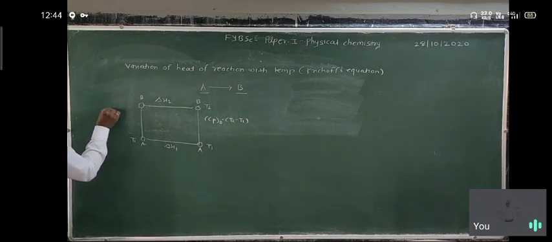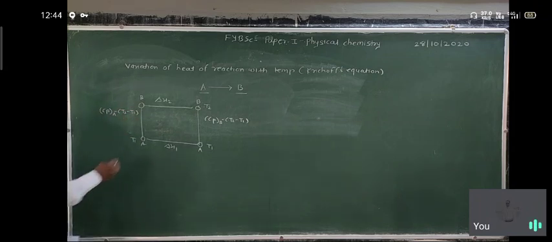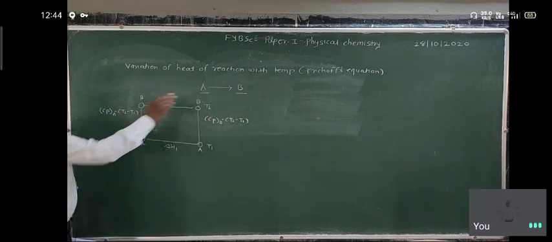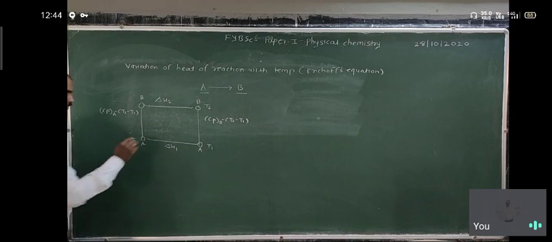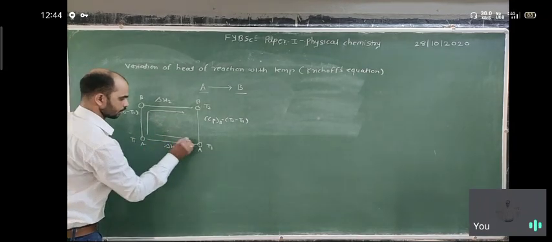So basically the formation of B from A uses two routes. First we choose this route, and secondly this route.